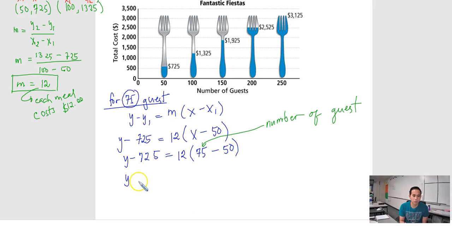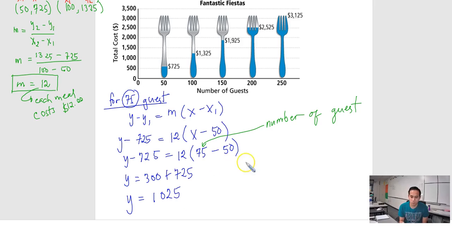We have y is equal now to 300 plus 725. Thus, your y here is equal now to 1025. Now, how are we going to interpret that?